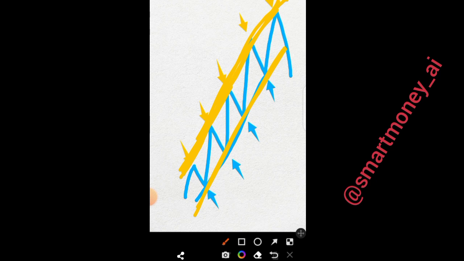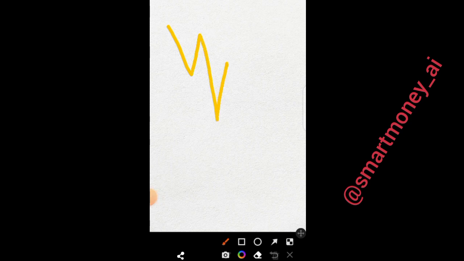All right, so let's look at a downtrend. Price keeps moving with an impulsive move downwards, a corrective upwards, downwards, upwards, downwards, like that. This is where we say we are in a downtrend. So in a downtrend, how can we mark our support and resistance? First, let's mark the support.